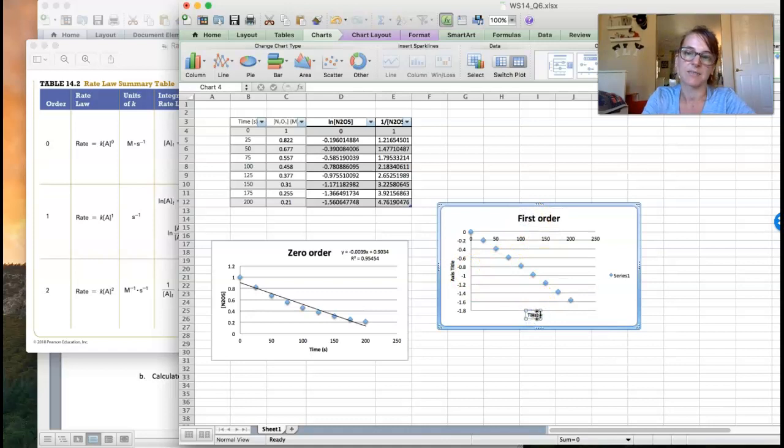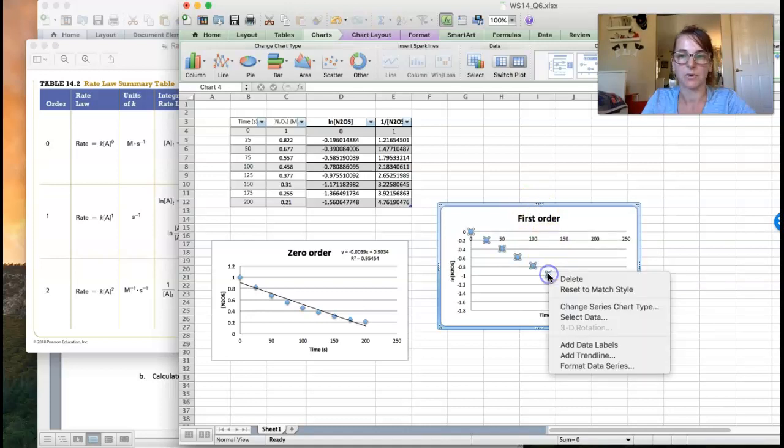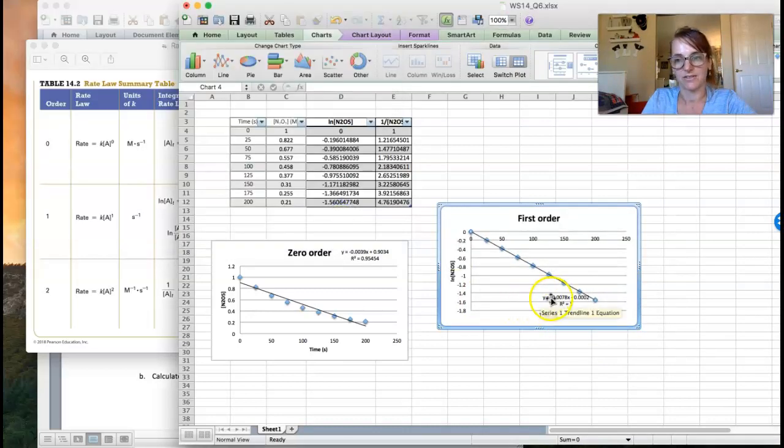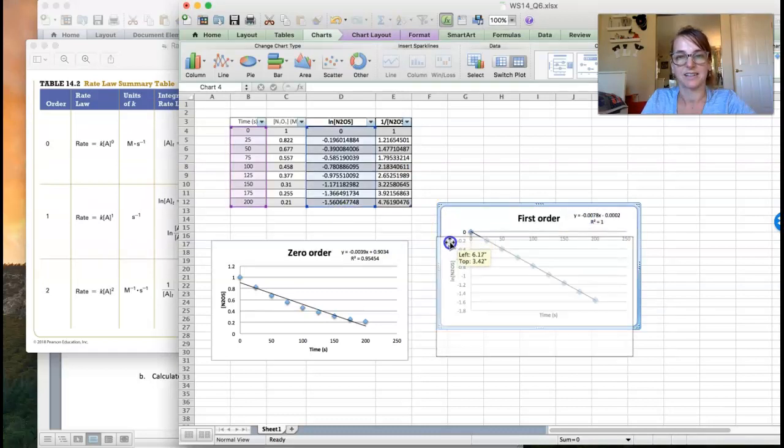We have time in seconds and the natural log of dinitrogen pentoxide. Once again, I'm going to add a trend line, right click, display equation and R squared value on the chart. And that's that one here.